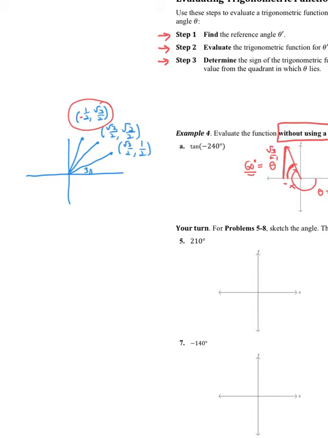So now tangent is y over x. If I'm doing tangent of negative 240 degrees, the y is positive root 3 over 2, over negative 1/2. Then I would just simplify because it's a fraction divided by another fraction. I can multiply by the reciprocal instead. The 2's will just go away, and I'm going to be left with negative square root 3.